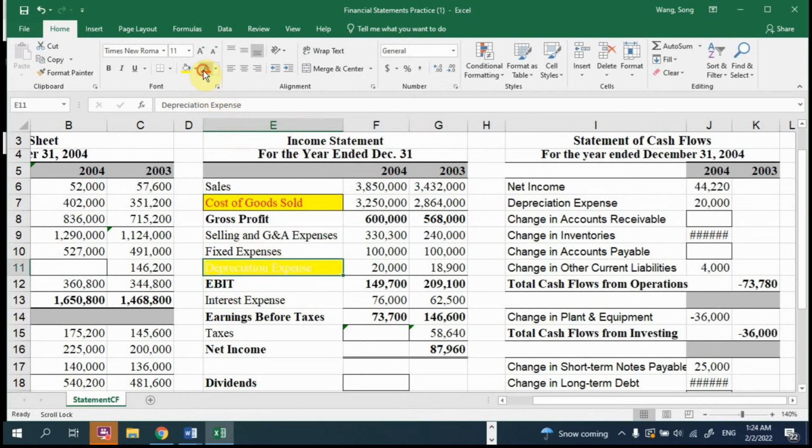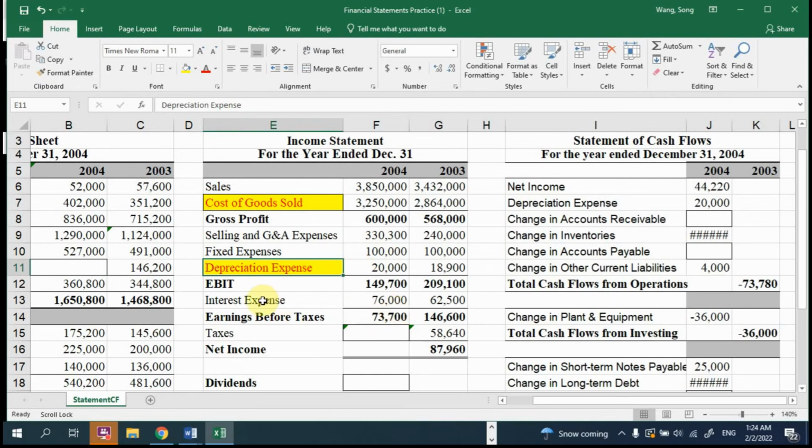So let me highlight it, and this is our guy. Its name is Depreciation Expense, and that's from years and years of deduction of your assets' value. That deduction is not really a cash outflow. It's purely an accounting term.